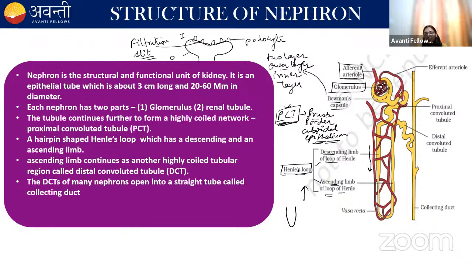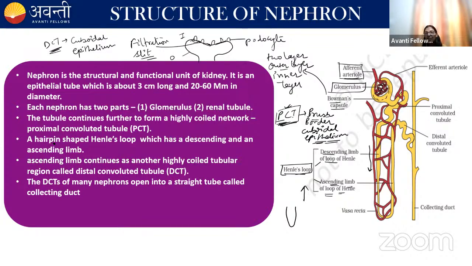Next from the loop of Henle is the DCT, the distal convoluted tubule, which is lined by cuboidal epithelium. In DCT, conditional reabsorption takes place. Similarly, in the collecting duct, conditional reabsorption also takes place.